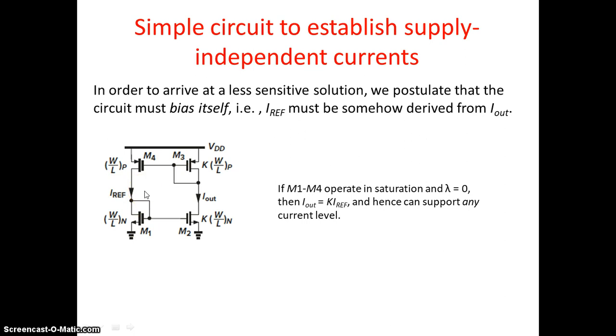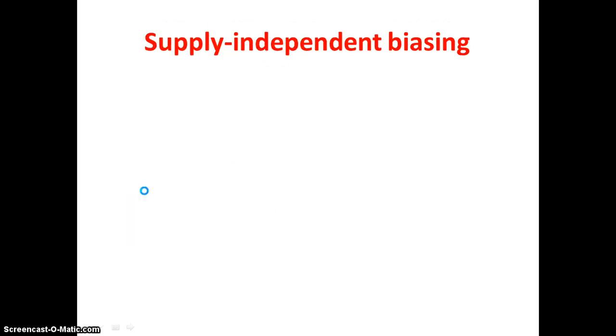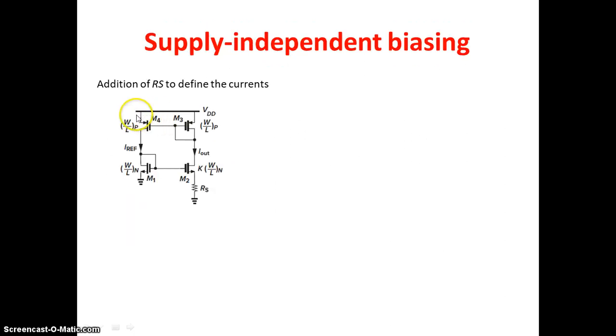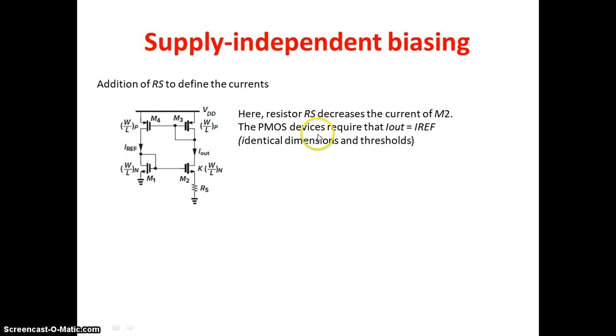Now let us consider the circuit, adding an additional RS to define the current here. If I consider it in this fashion, what will be the result? Here the resistance RS decreases the current of M2.